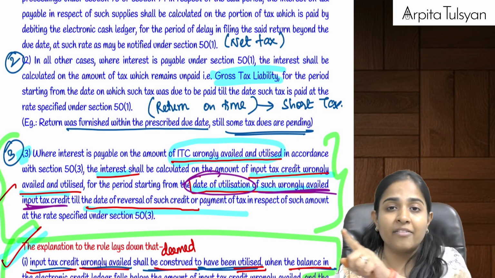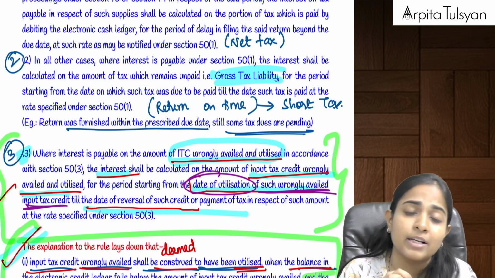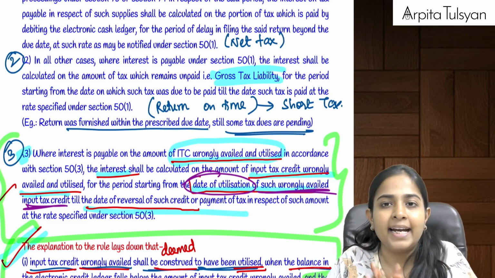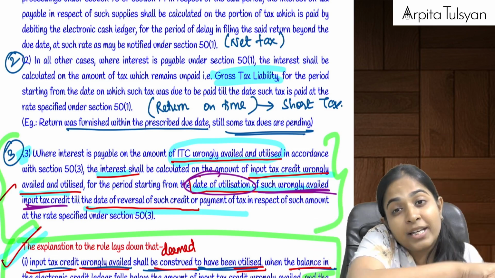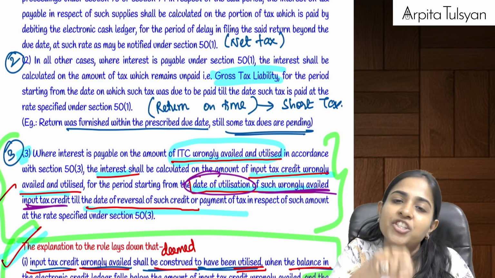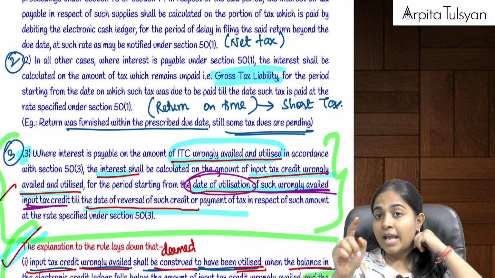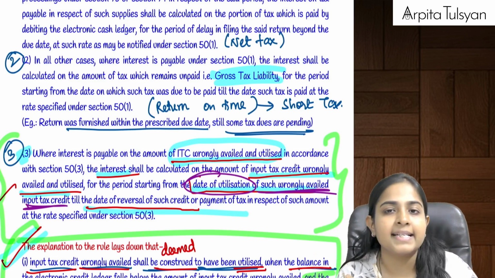Total ITC available with you is 30 lakhs. Till the time you are just availing ITC, the government has no problem. But if you wrongly utilize that ITC for discharging your tax liability, then the government has a problem.